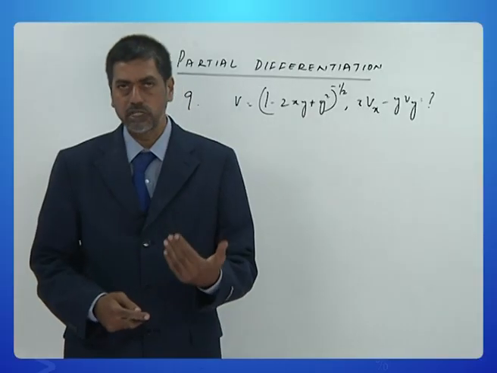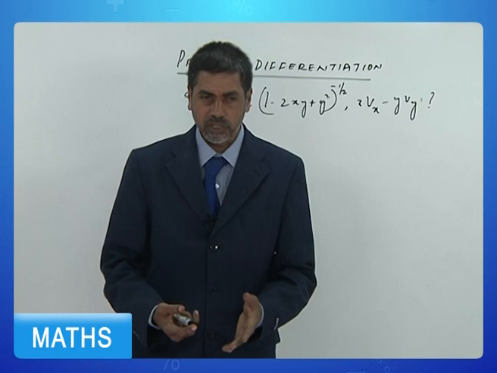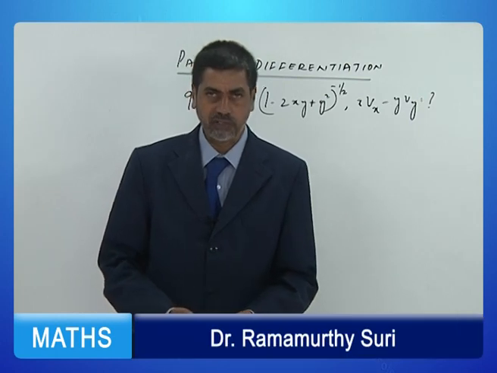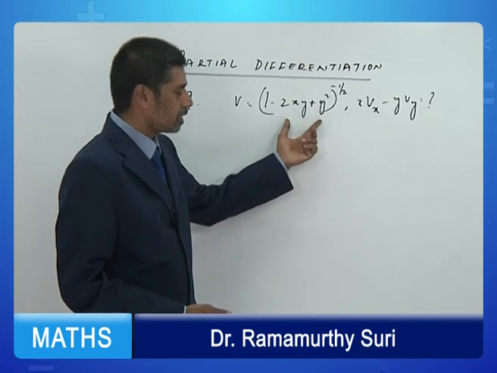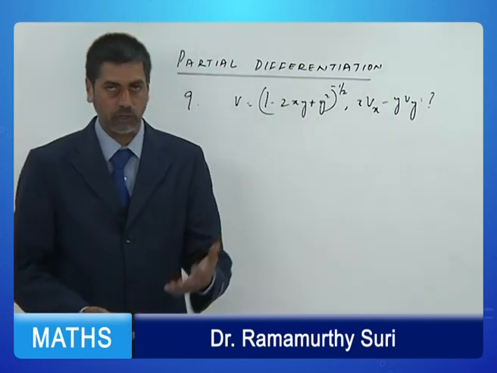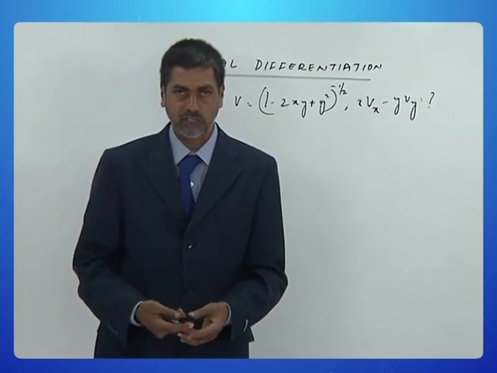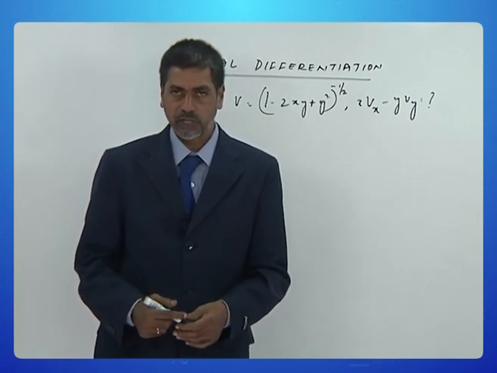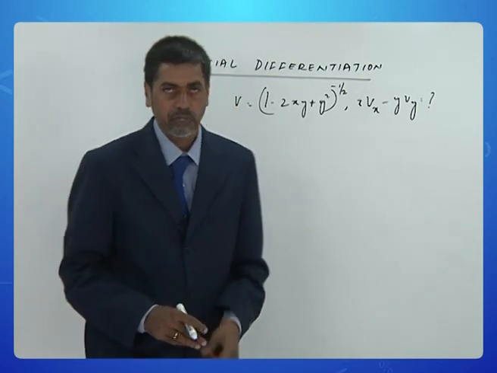To most students, this function may look just an ordinary function, but for students who are deep into special functions, they will know that this function is called the generating function of Legendre polynomials. All of us know Legendre polynomials are very special functions for the engineering student. Anyway, let us just plan how to solve this problem.